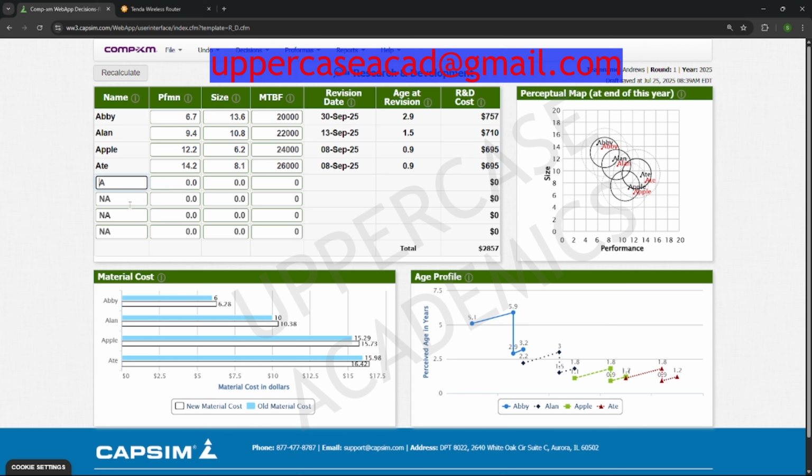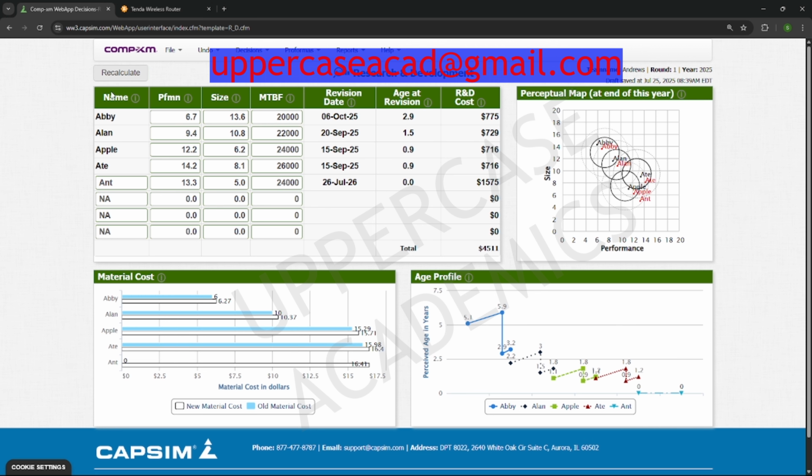Now I'll introduce 2 new products. Maybe I can name it Ant, and make sure that the first letter of your product is the same as the first letter of your company. So I'll call it Ant. I'll give it 13.3, a size of 5.0, and an MTBF of 24,000 because I want to sell in both. Like I said before, I'll introduce it in the nano market and one product in the elite market. For the one in the elite, I'll call it Eka.